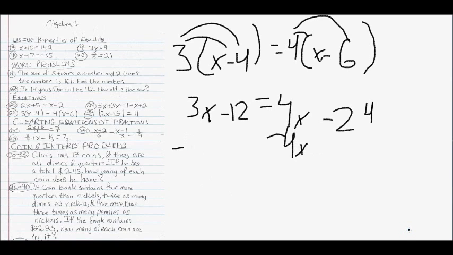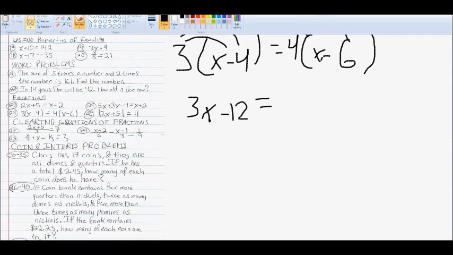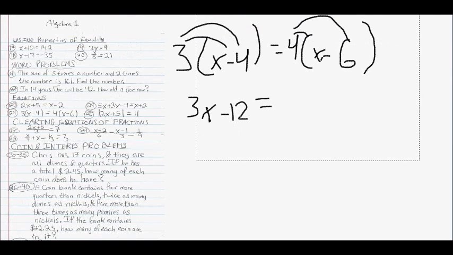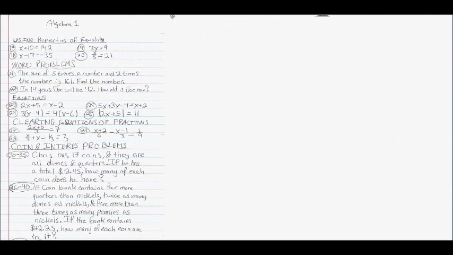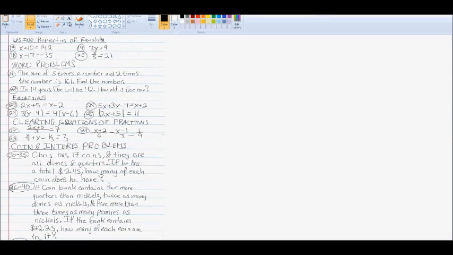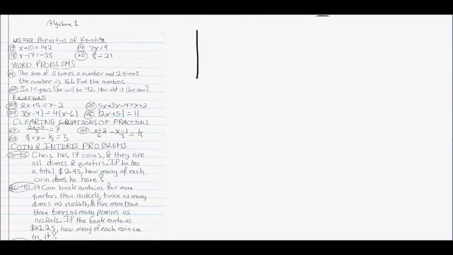Let's do number 26 together. Number 26 may be a little confusing for you all because there's an absolute value. But don't let the absolute value get you worried. So we have the absolute value of 2x plus 5 equals 11.